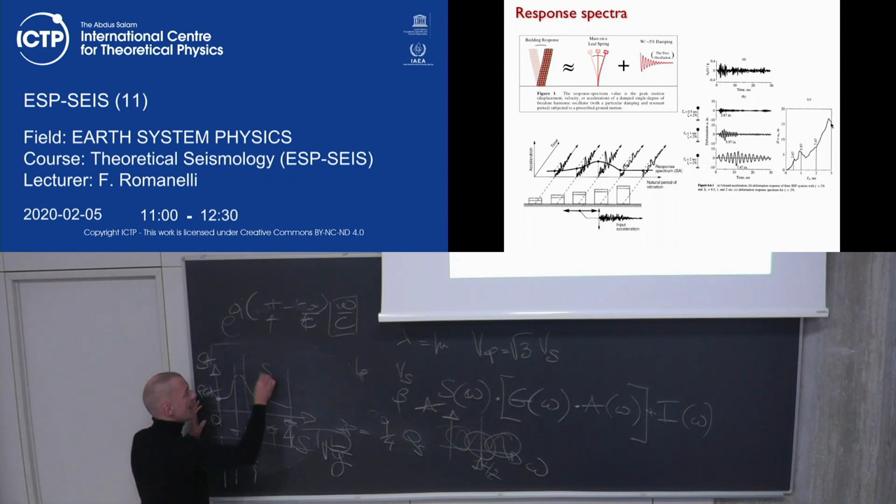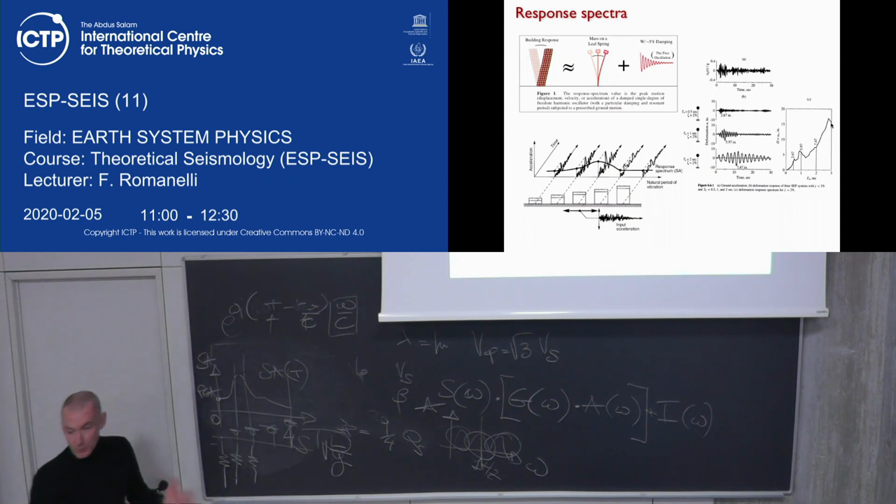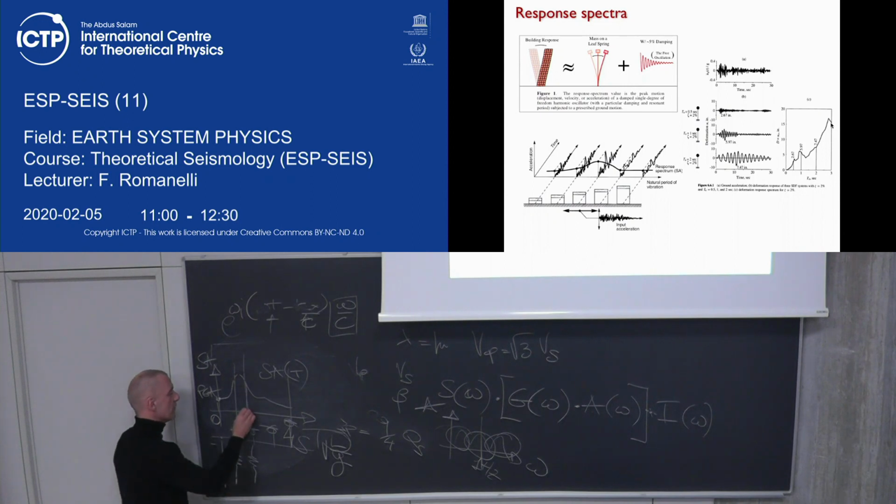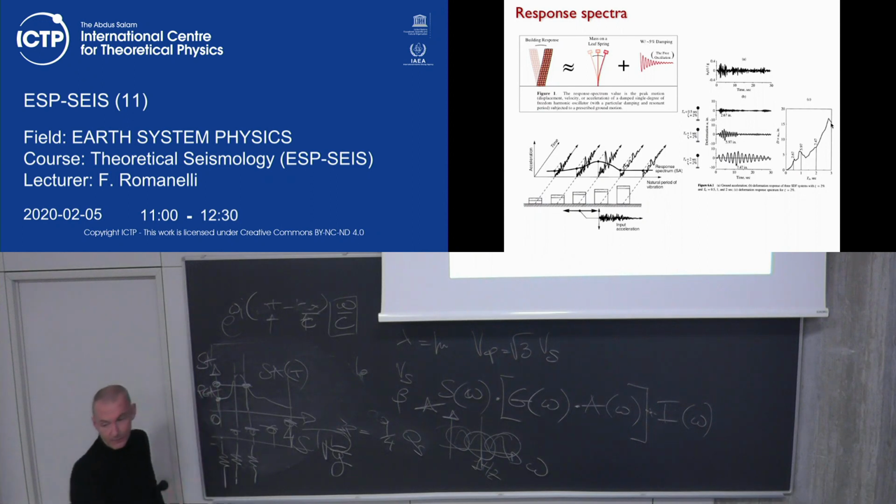So if you have SA of t, at t equals 0, you have also PGA. And the engineers can use this. Why? Because if they know that their building is at 1 second, they should design for this acceleration and not for this. Okay?